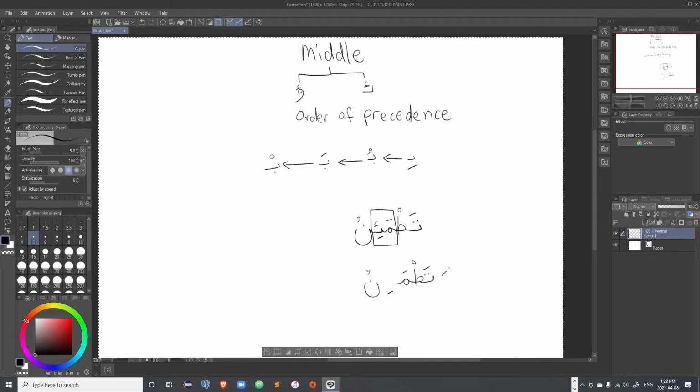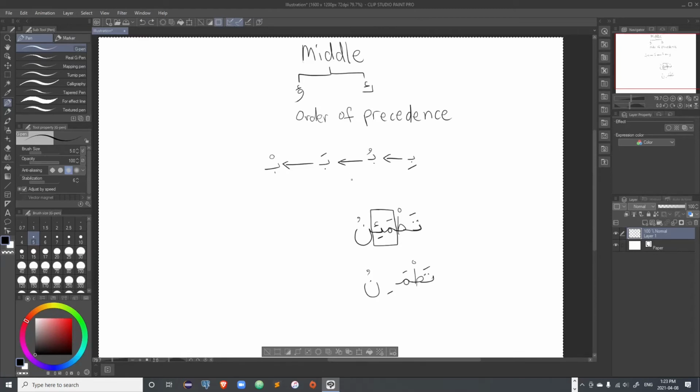What do we do? We look at the order of precedence or the rule of strength. We look at the diacritic for the hamza. It is a kasra. And we look at the diacritic of the letter before it, which is a fatha. Which diacritic is stronger? The kasra is much stronger than the fatha, which means that the way we will write the hamza will match the kasra, not the fatha.